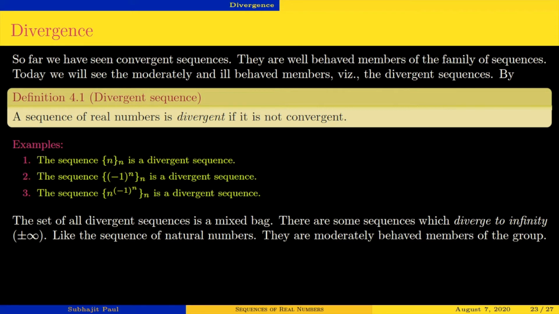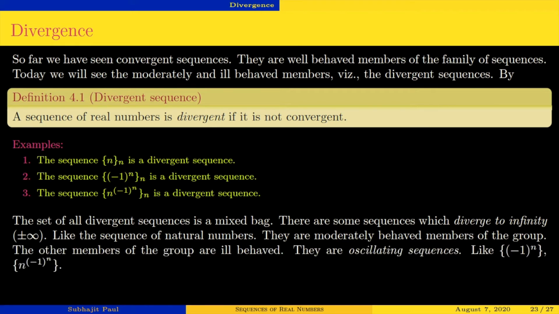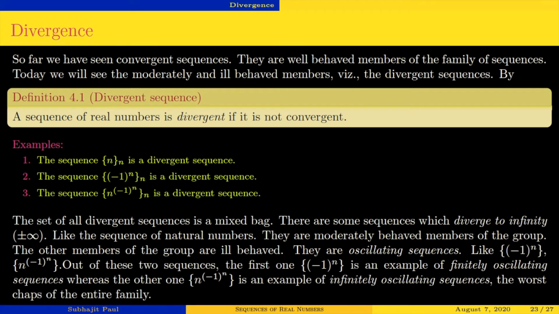Like the sequence of natural numbers, the first example, these are moderately behaved members of the group, they diverge to infinity. Now the other members of the group are ill behaved. They are called oscillating sequences, like (-1)^n in the second example, and n^((-1)^n) in the third example. So they are ill behaved members.